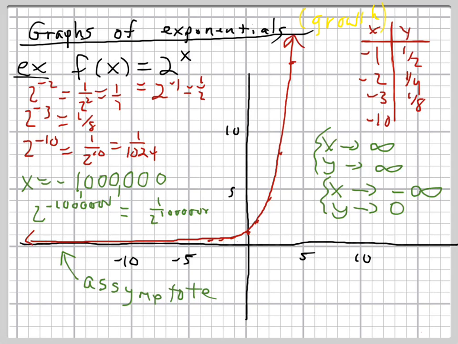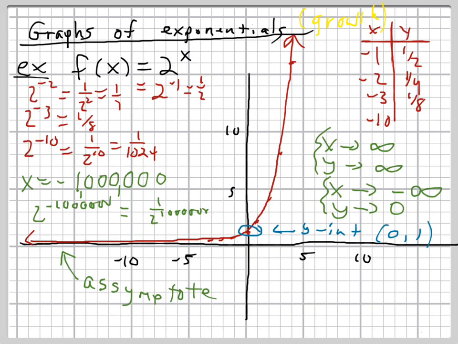And I kind of call this my parent function. One other important piece of this one is that right here, my y-intercept, at least for my parent function, is always at 0, 1. And this even works for any base, like it could have been 3 to the x power.